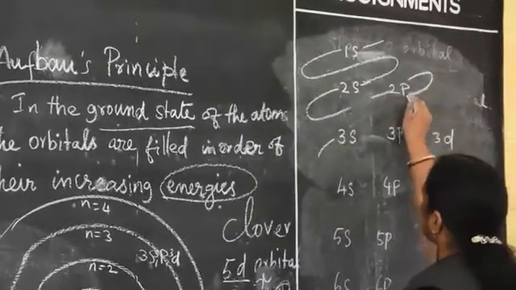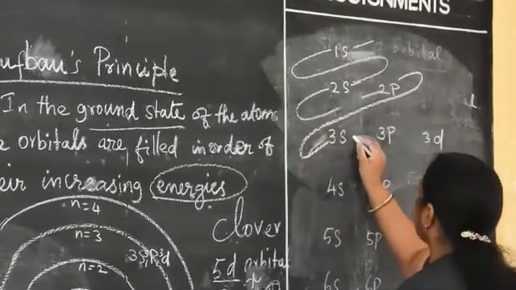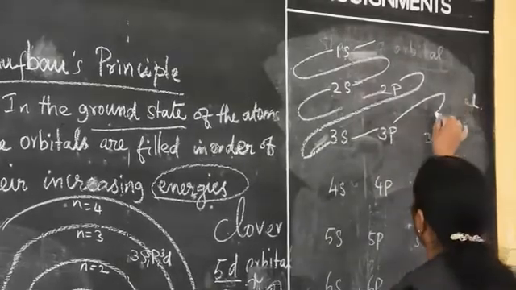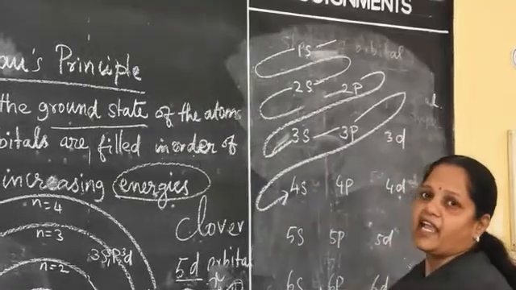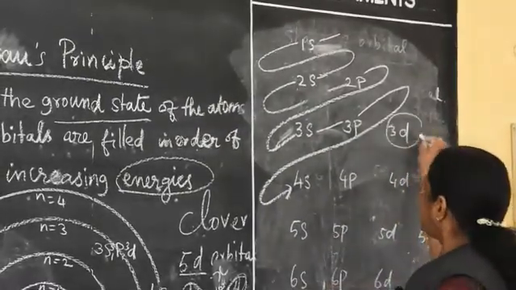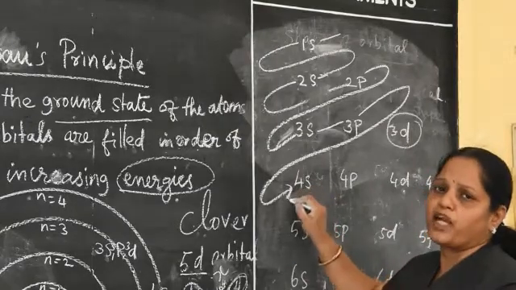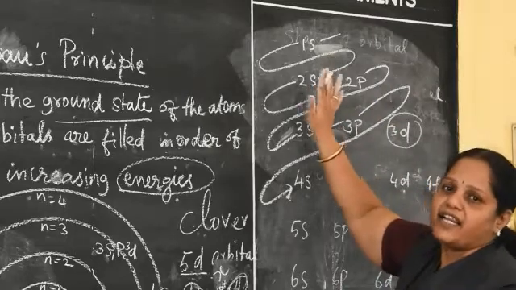Listen carefully, this is important. You move here to 3s. After filling 3s, we move towards 3p. After filling 3p, we move towards 4s, not 3d, even though 3d is present here at a lower level. Very, very important, boys. When you write the electronic configuration, we need this basic knowledge.